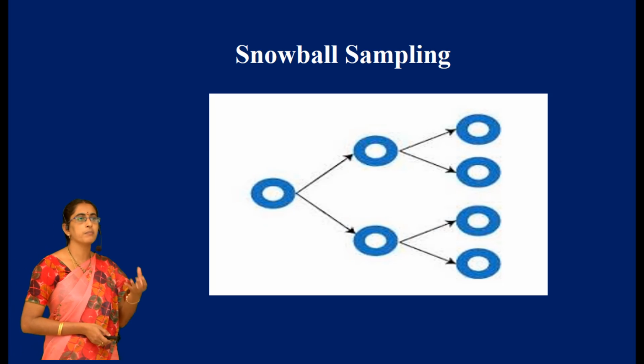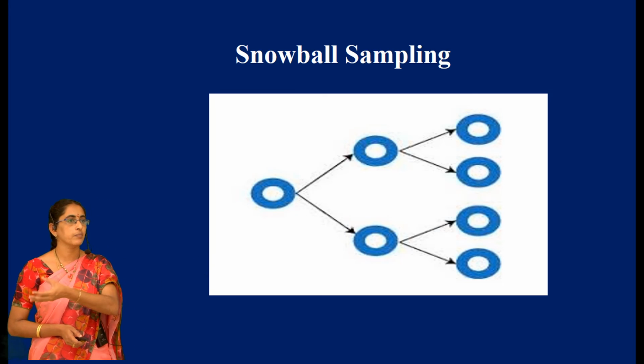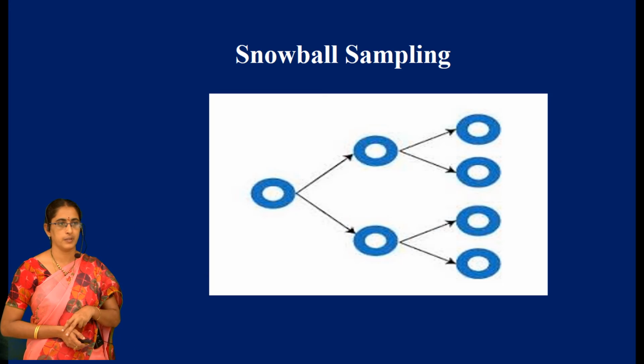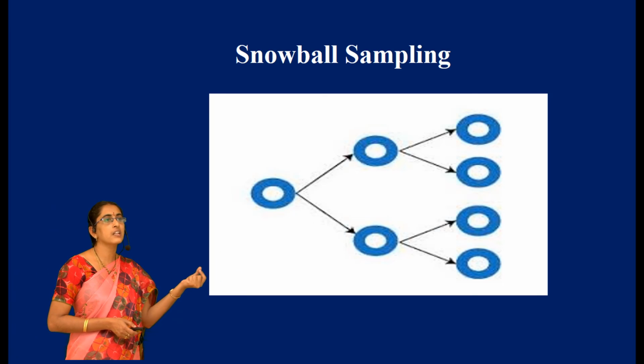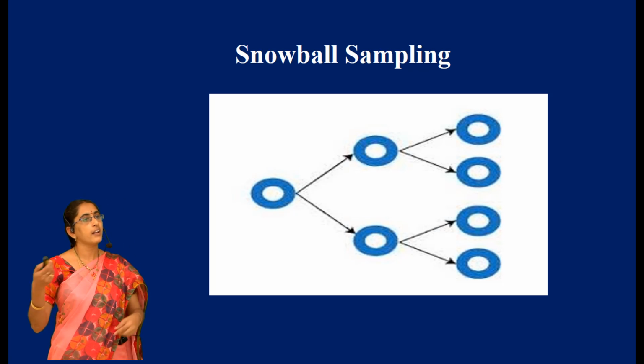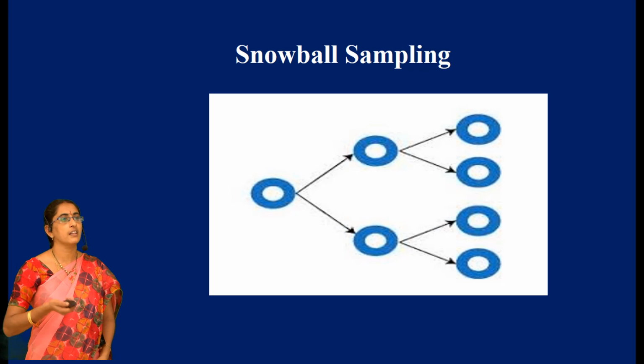So I will select one person to select the sample from the BTech students, and he will collect the samples from them. He is called the enumerator. Another person will select the sample from the PG students, so he is another enumerator.